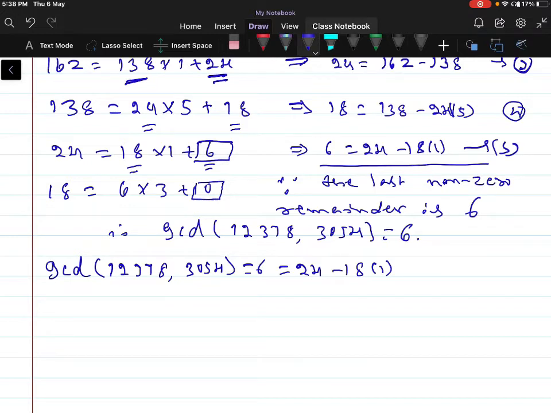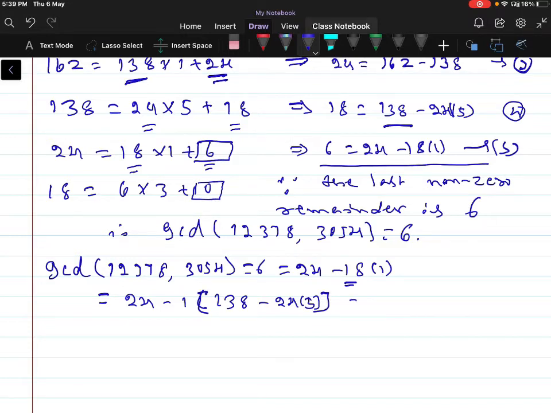Now 18 can be written by using equation 4: 24 minus 1 times 18, where 18 is 138 minus 24 into 5.